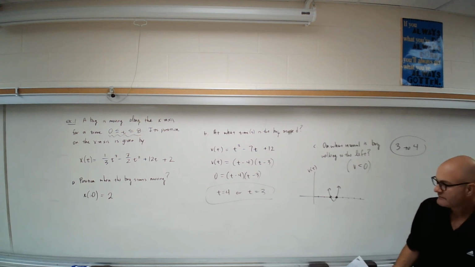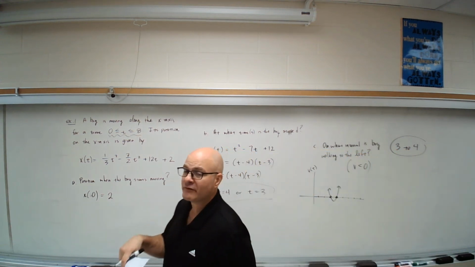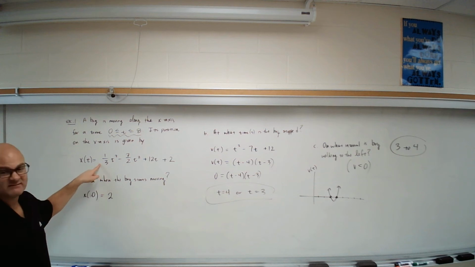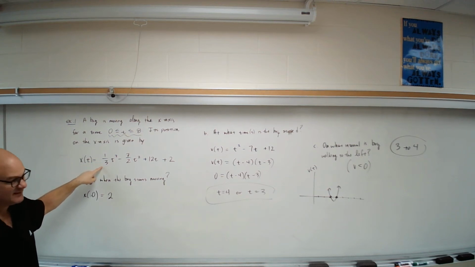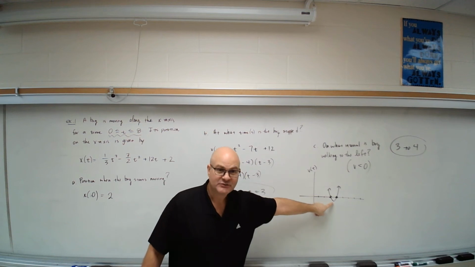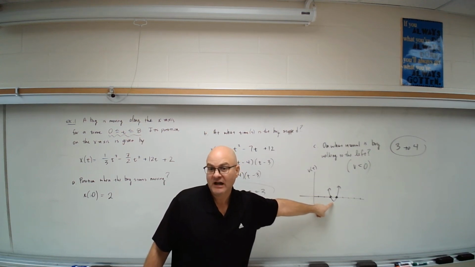Now, what that means is if we would have graphed the original function, this would be some cubic, right? This would have a negative slope between 3 and 4, because the velocity is negative there.